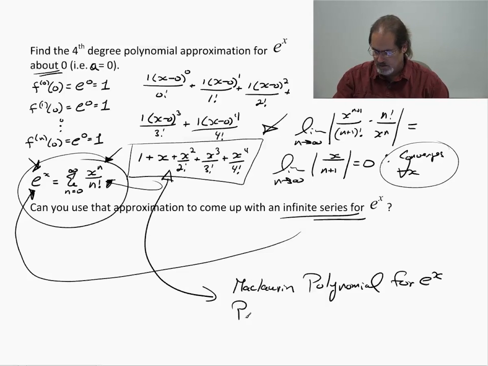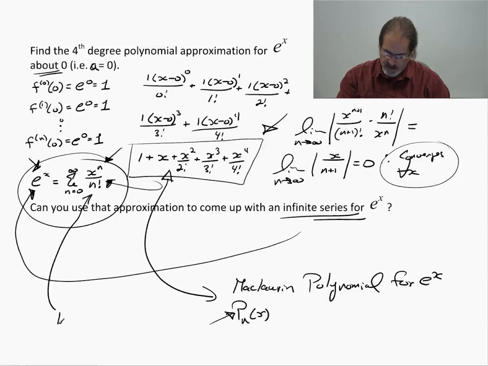And sometimes you see the notation just P, Pn of x, the nth Maclaurin Taylor polynomial. I guess P is for polynomial. Because this is an infinite series, I'm expanding this about 0, this would actually be a Maclaurin series.